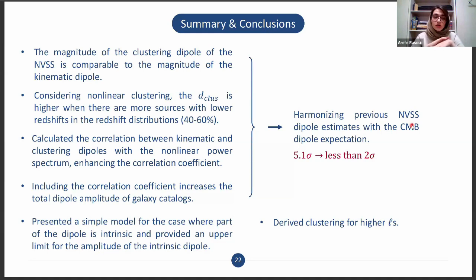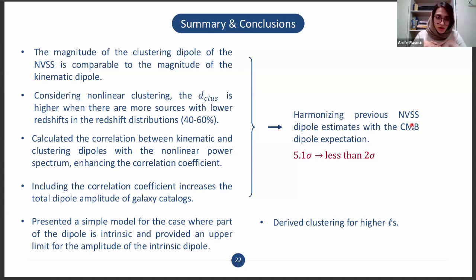We calculated the correlation between the kinematic and clustering dipoles with the nonlinear power spectrum, which caused a larger correlation coefficient. All of these will reduce the deviation from ΛCDM to less than 2 sigma. In previous studies, in a 2020 study by Secrest, it was about 5.1 sigma.